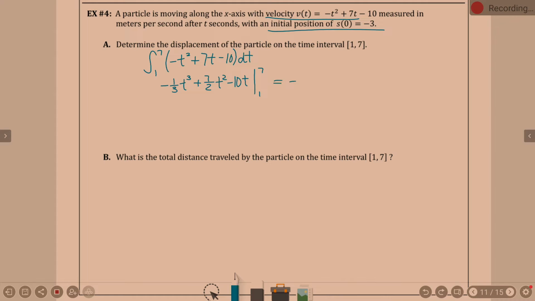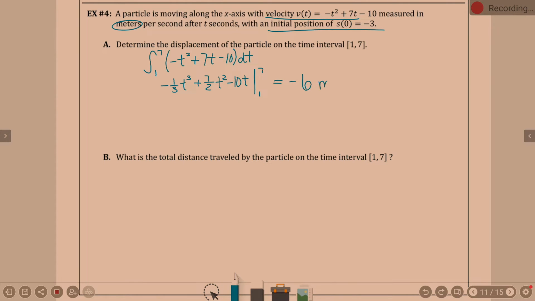Negative 6. Meters. I don't think it's meters though. Oh, it is. Meters. So, yeah, I wrote feet in my notes, which is why I thought it was feet, but it does say meters up here.